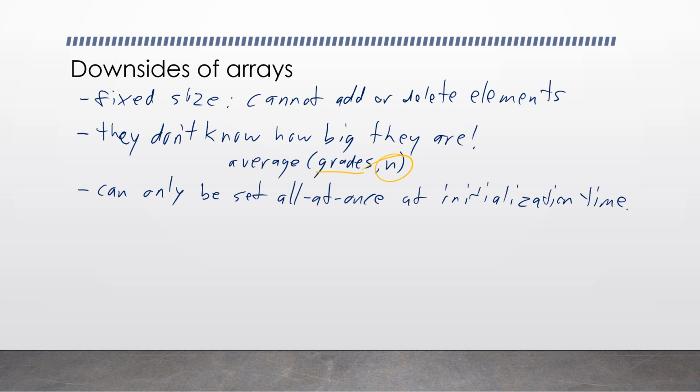That is, I can say double grades 3 equals 75.0, 88.8, 95.5.